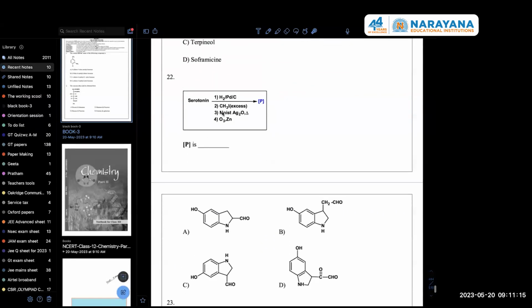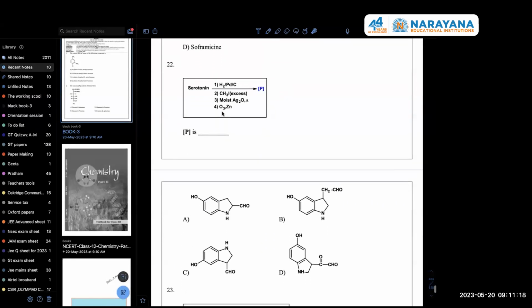Okay, now one more thing. Serotonin is a compound as a reactant. Then these are the reagents we are using: hydrogenation, methyl iodide excess, moist Ag2O, then ozonolysis. You know what serotonin is? Neurotransmitter.